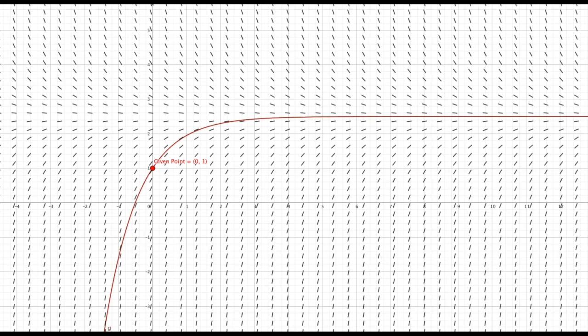Geogebra has another function called SolveODE, ordinary differential equation, and that brown line, which you'll be able to see when I slide the other one out of the way, has been generated by putting the actual question into SolveODE.